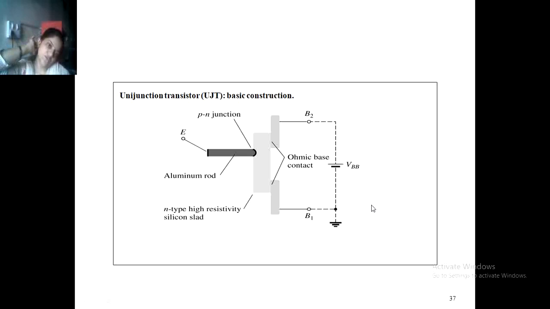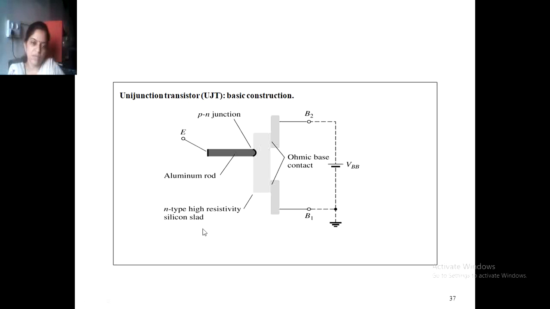So let us see the UJT basic construction. UJT is the unijunction transistor. Why is it known as the unijunction transistor? Because only one type of charge carrier is responsible for producing the flow of current in the body. Here the emitter is an aluminum rod, and at the intersection the PN junction is formed.